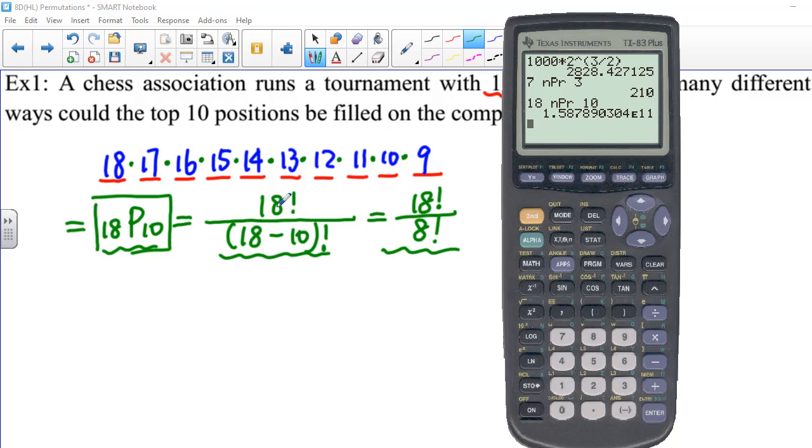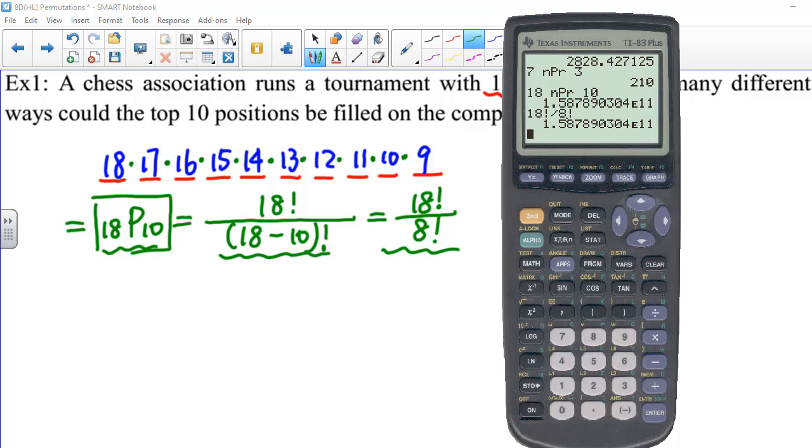If you use either of these two factorial notations, you also can find the same result. So let's work on 18 factorial divided by 8 factorial. Are we getting the same answer?